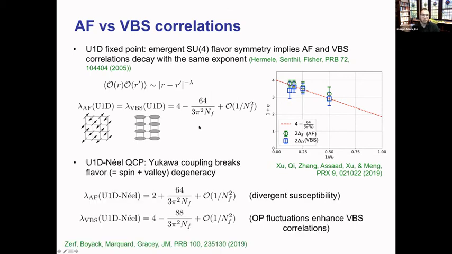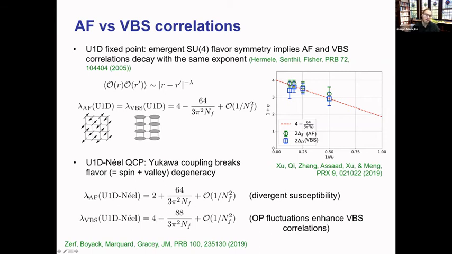Now our prediction is that if you move towards this quantum critical point between the disordered phase and the antiferromagnetic phase, the Yukawa coupling will break this flavor symmetry, because the flavor symmetry is essentially 4 equals, if you will, 2 plus 2, where one of the factors of 2 is the spin degeneracy, and the other factor of 2 is the valley degeneracy. But the Yukawa coupling will remove the degeneracy because we couple only to the spin bilinears.